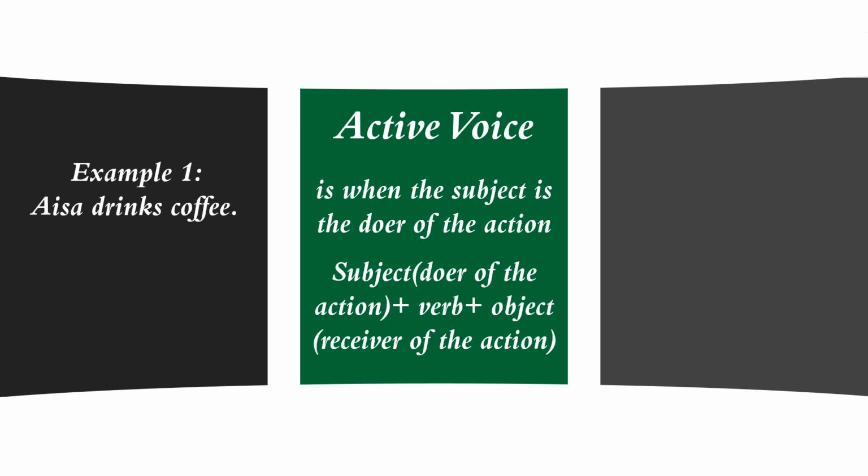As we can see, it follows exactly the formula that is given. When we say subject, or the doer of the action, who drinks the coffee? The answer is Isa. So Isa is the subject or the doer of the action.